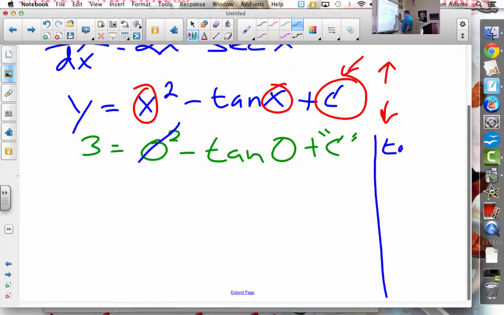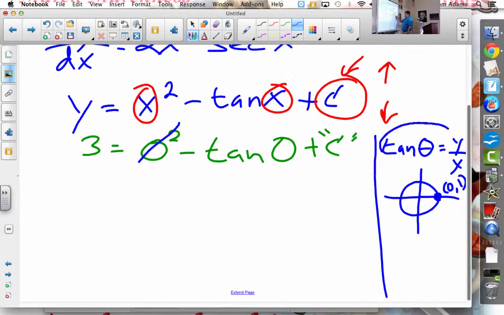Remember the tangent of theta is really the y over the x. So if we think of our unit circle, tangent of 0 is really going to fall on the point 0, comma 1. So that means that tangent is undefined.